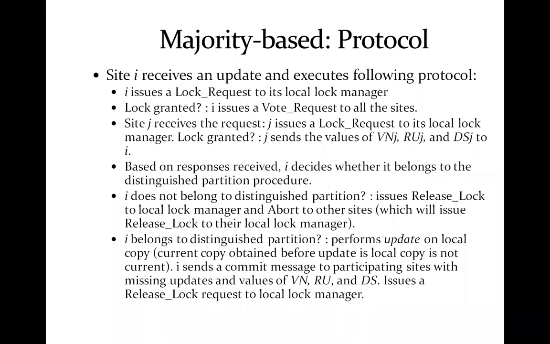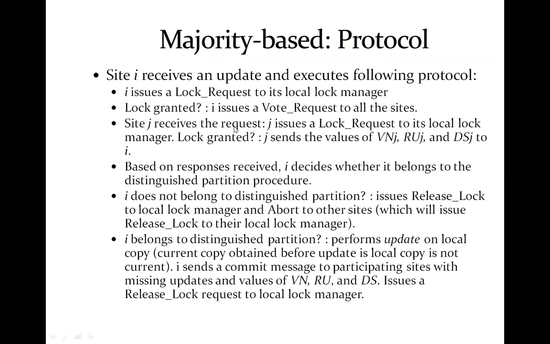The first step is that the site which wants the update first issues a request in the form of a lock request to its local lock manager. And when this lock is granted, the site I is going to issue a vote request to all the sites.